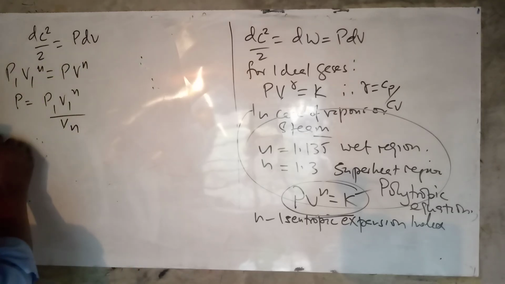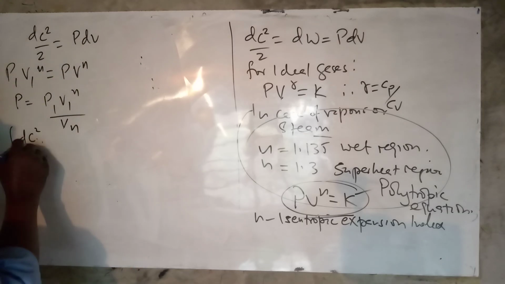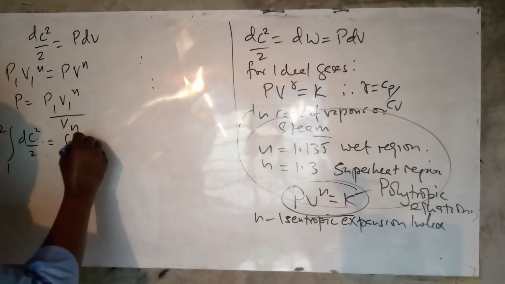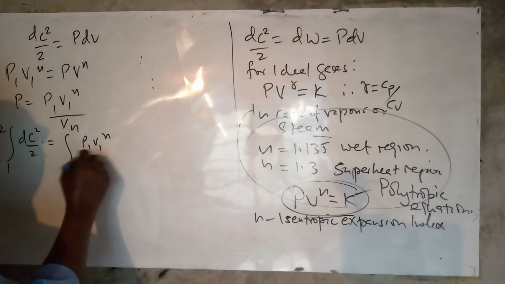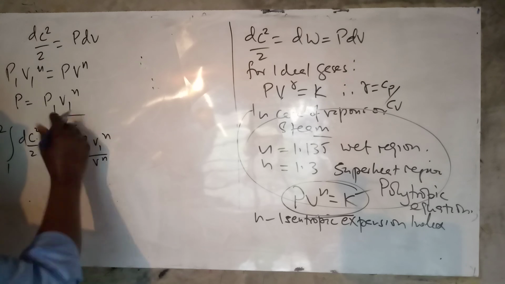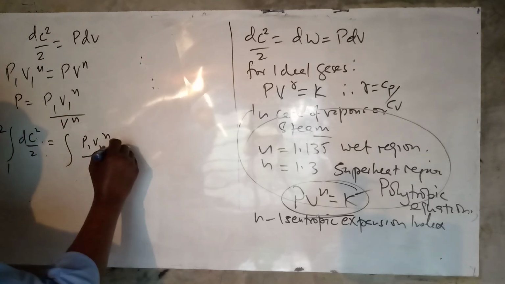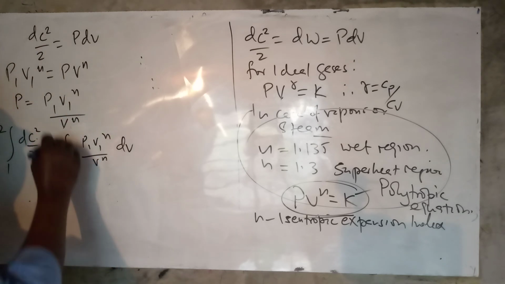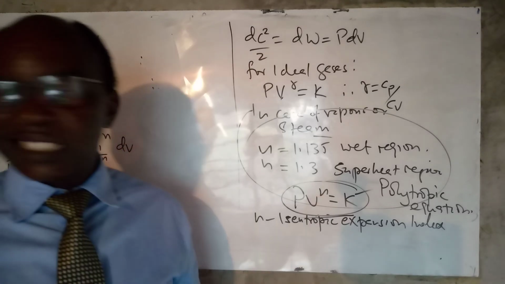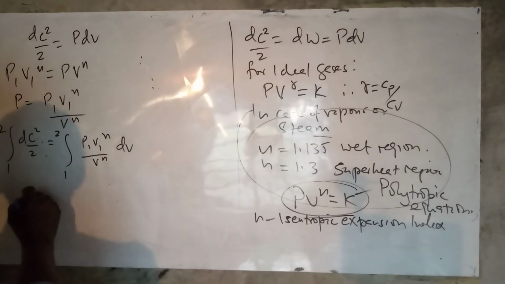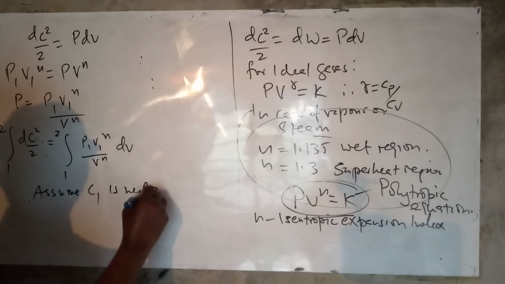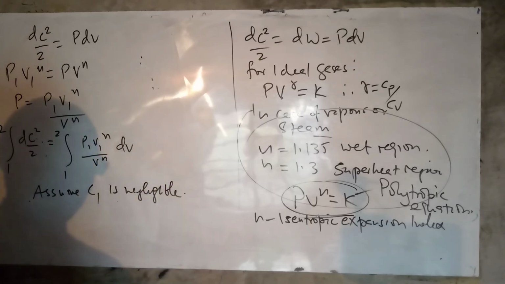So if you substitute that quantity there, of course integrating from plane 1 to 2, we will have P1 V1^n over V^n dV from plane 1 to 2. So if you assume that the initial velocity C1 is negligible, then our lives become a little bit easier.